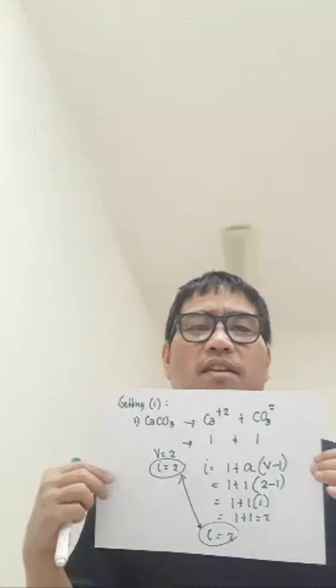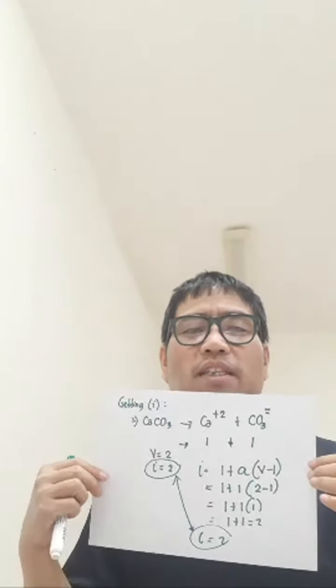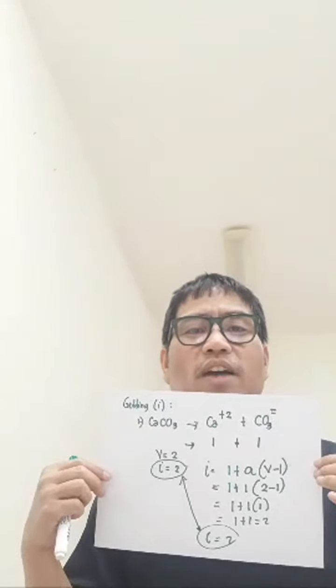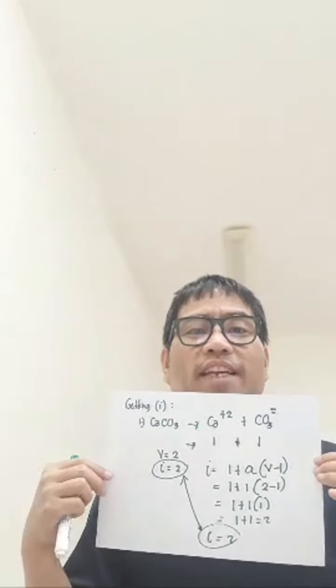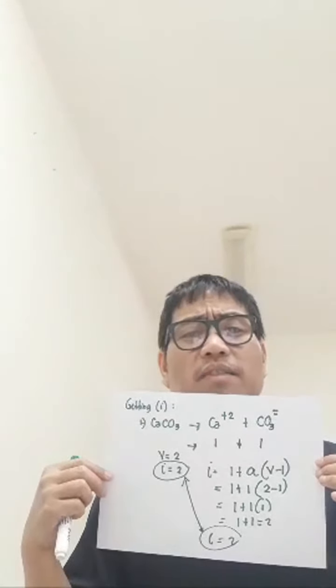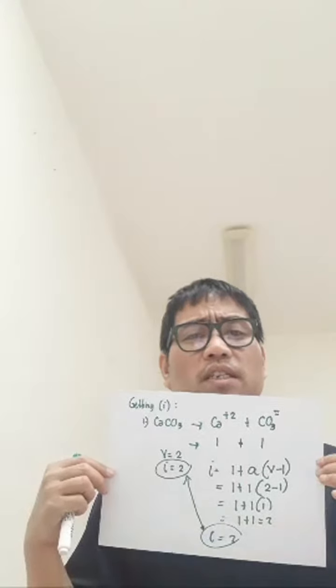This i will now be substituted into the formulas for boiling point elevation, freezing point depression, and osmotic pressure for the colligative properties. It depends on the ions, because our definition of colligative properties depends on the number of ions or molecules, and not on the nature and identity of the solutes or species.